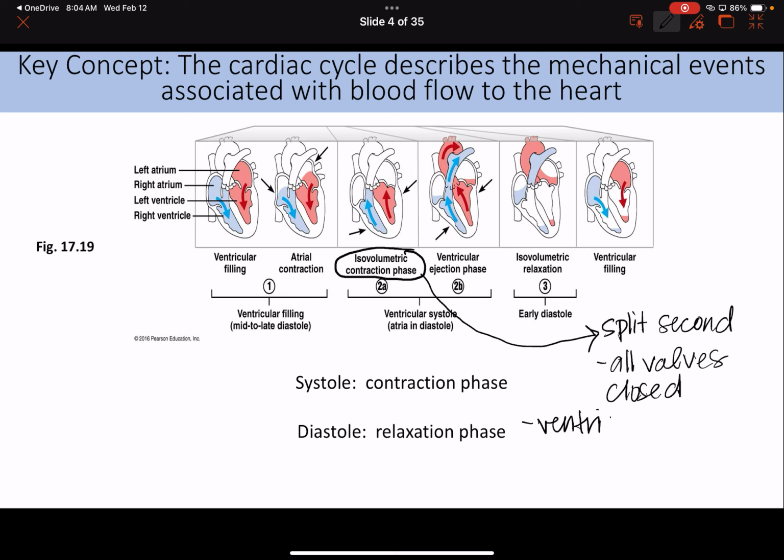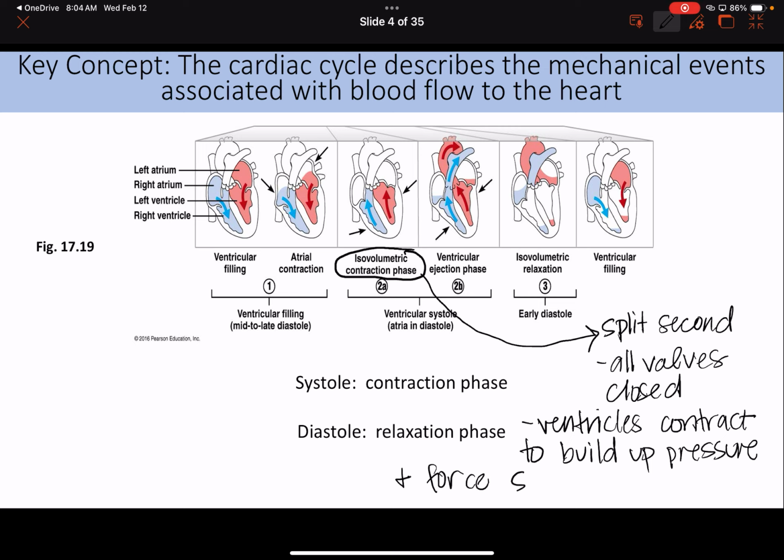And the ventricles contract to build up that pressure and force the semilunar valves open.